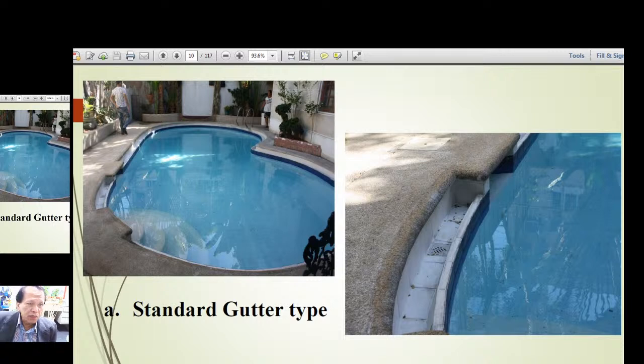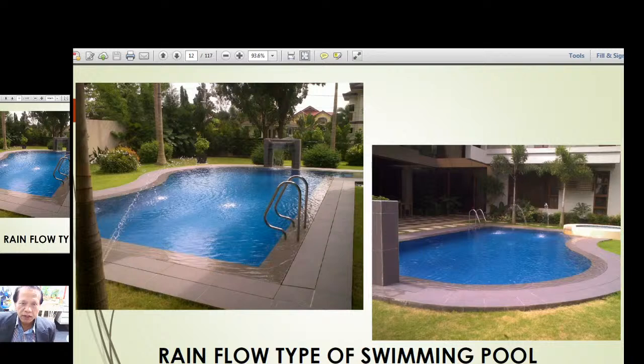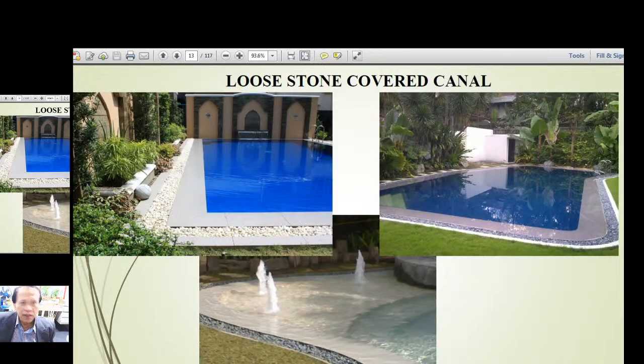It can be the standard gutter type of different shapes, like the one on the left. And the gutter is here to collect the water. And it could be a skimmer type like this one, and rain flow type like this one, and low stone covered canal can be like this one.